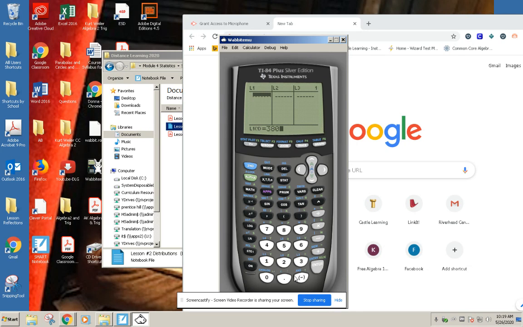So 380, 790, 680, 460, 725, 1130, 240. And make sure you are not typing anything in wrong. You got to look at your numbers and double check your numbers.